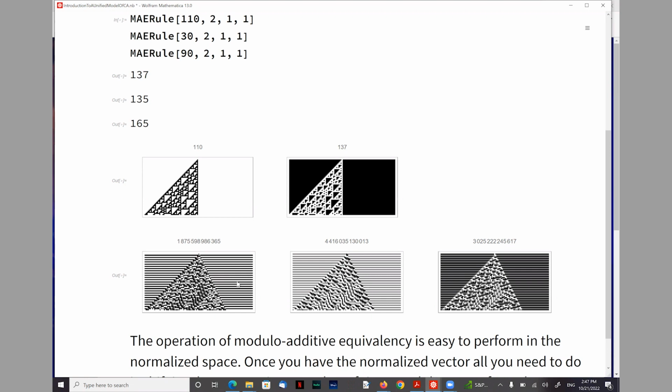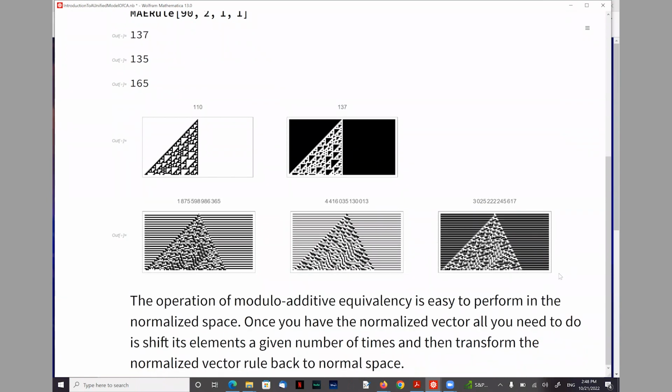You can find, you say, oh, this is an interesting rule. So what is this one shifted by 2? In the paper, I have it defined as a C modular additive equivalence. So it is equivalent by shifting by a C value.